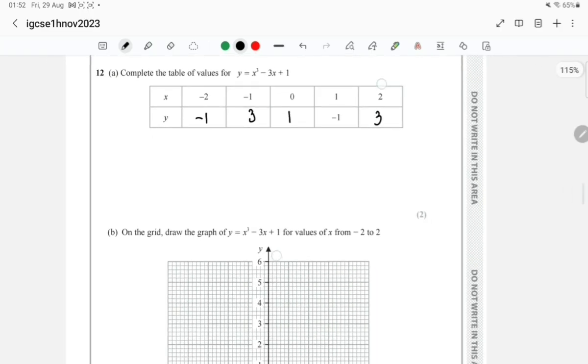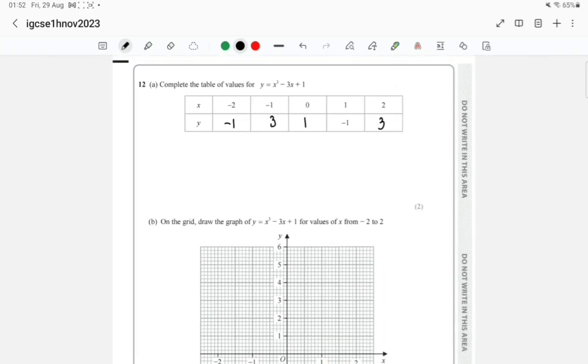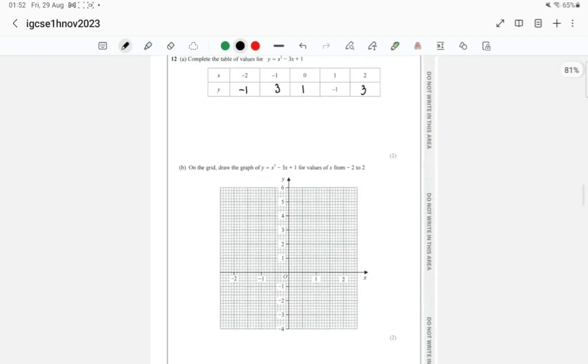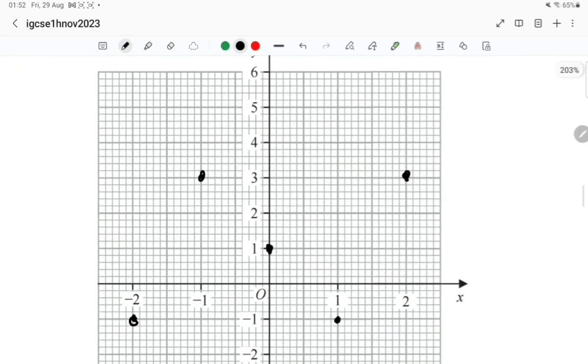Now what I need to do from here is plot this on my graph. So minus 2 and minus 1, and minus 1 and 3, and then 0 and 1, 1 and minus 1, and 2 and 3. Now draw this graph, a smooth graph.